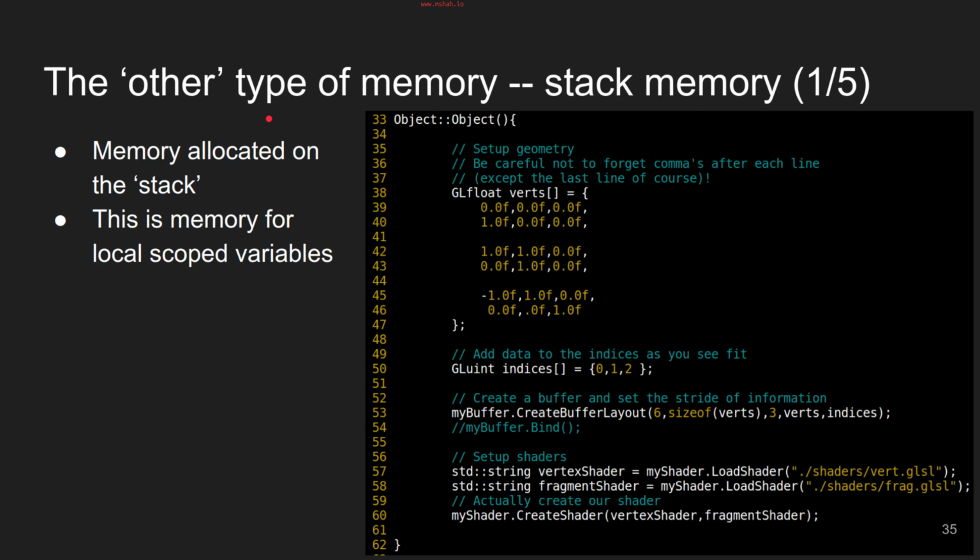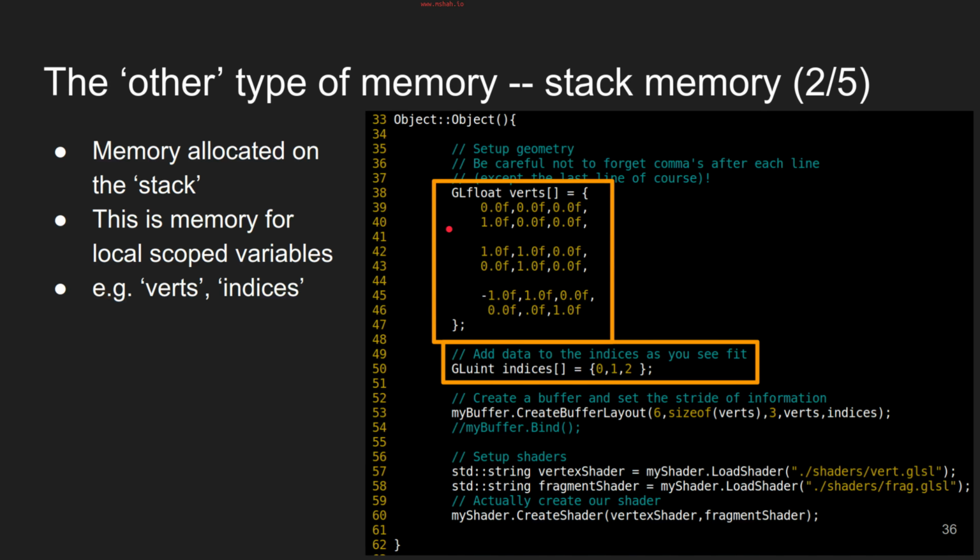There are other types of memory in C++, or really every programming language may or may not be as explicit, but stuff that's allocated on the stack. If I create some variable here, like verts, a GLfloat array, this is allocated on the stack. It's local. It's only accessible within the left curly brace and right curly brace, so it'll be available within the scope of this constructor, but then it goes away forever.